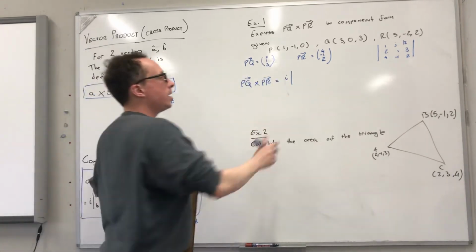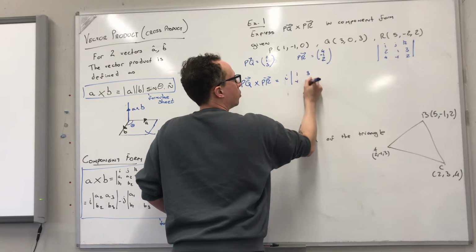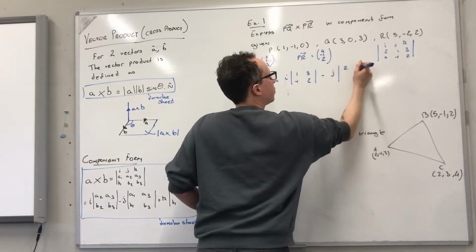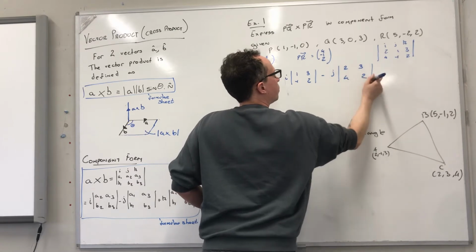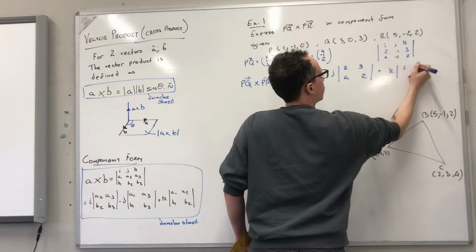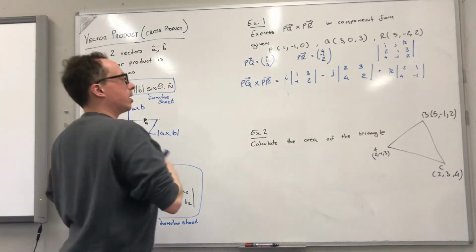We're going to get i times the matrix (1, 3, negative 1, 2), minus j times (2, 3, 4, 2), plus k times (2, 1, 4, negative 1). And then we can calculate that.